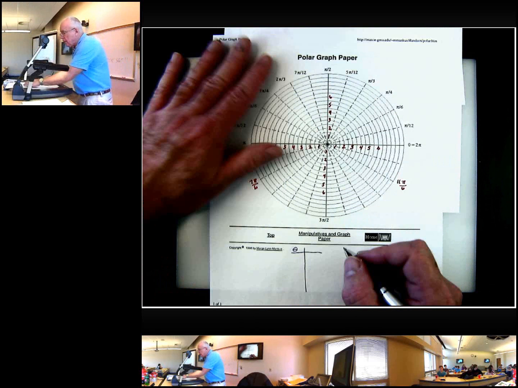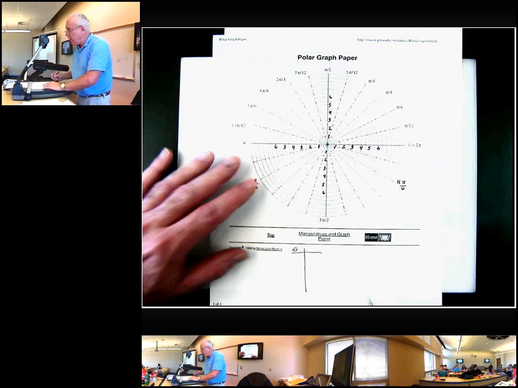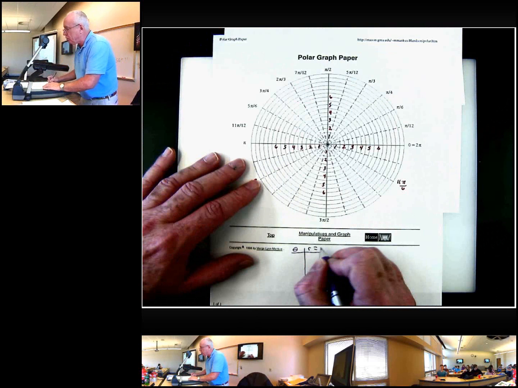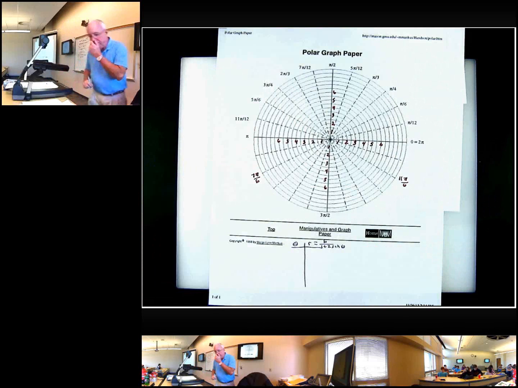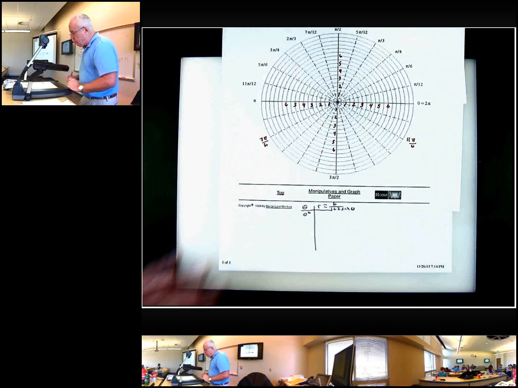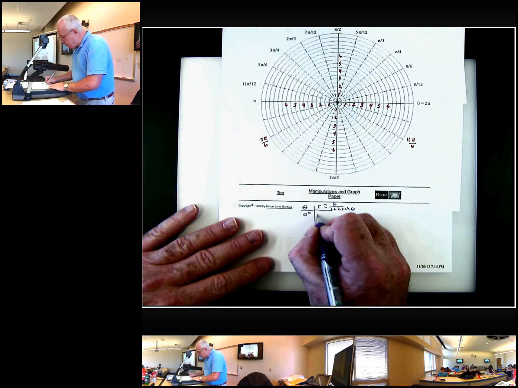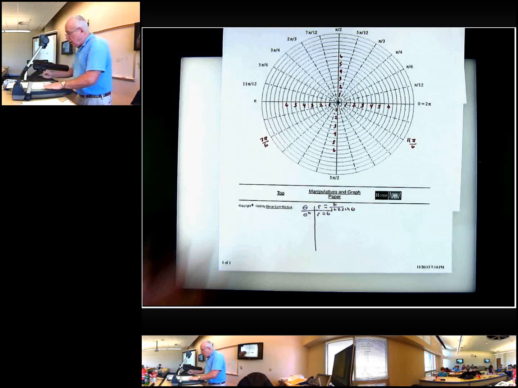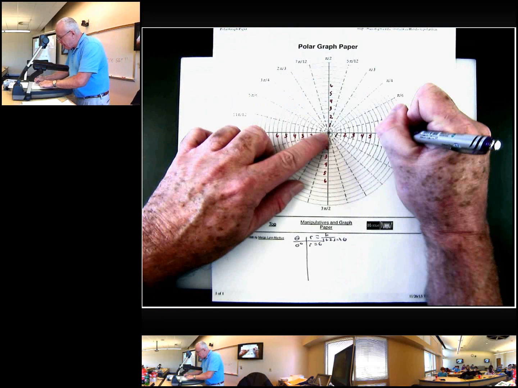Since I don't have a fraction here, I'm just going to use the new version: r is equal to 6 over 1 plus 2 sine of theta. Let's plot a few points. When theta is 0 degrees, the sine of 0 degrees is equal to 0, so therefore r is going to equal 6. So let's plot that point here. So here we have 0 degrees and 6 right there.